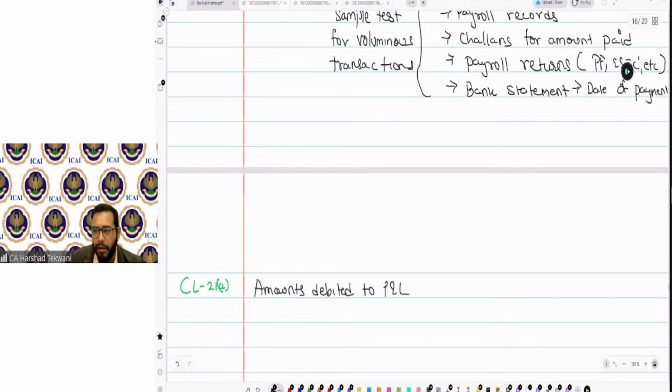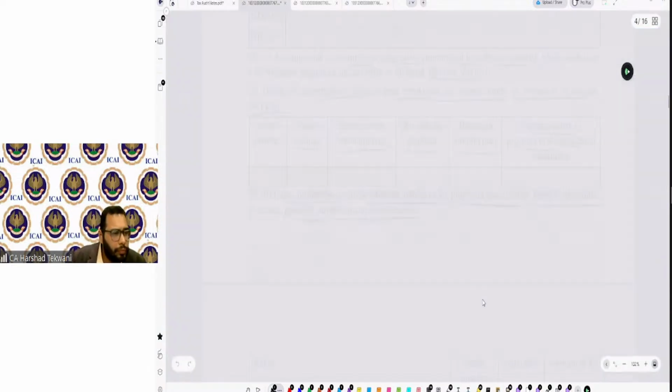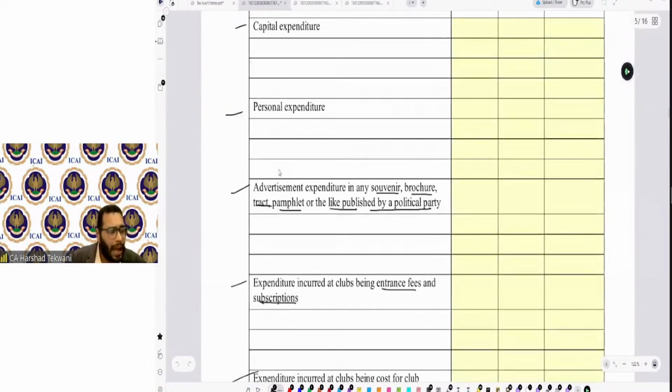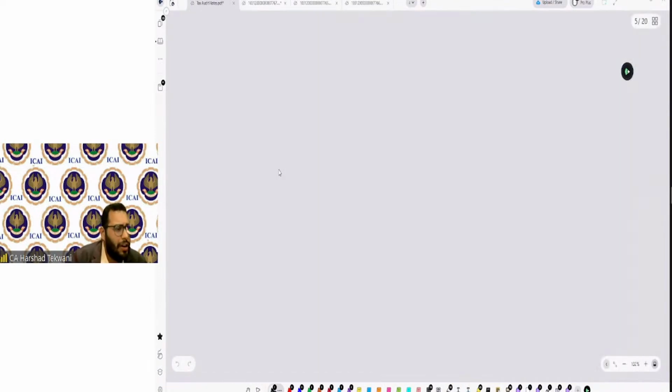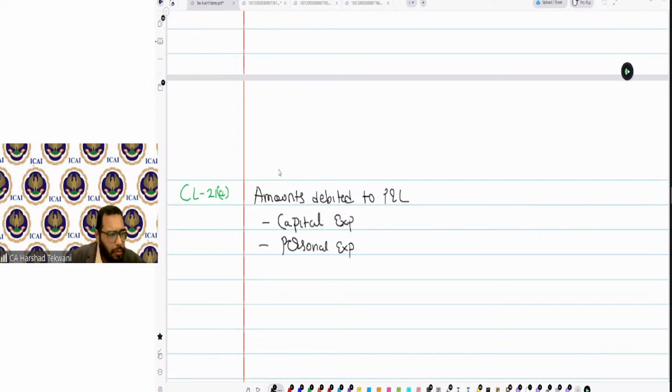Amount debited to P&L, which includes capital nature, personal expenditure, advertisement. I'll just write a summary over here. Capital expenditure, personal expenditure, advertisement with political party.